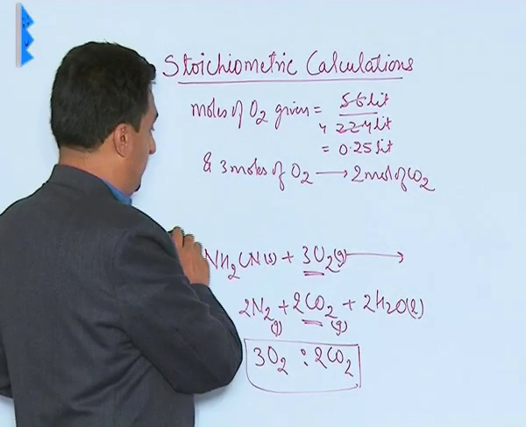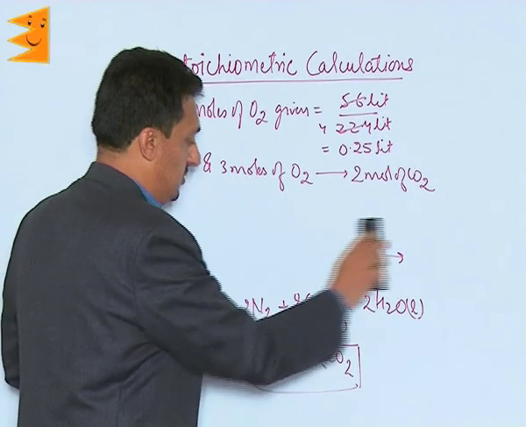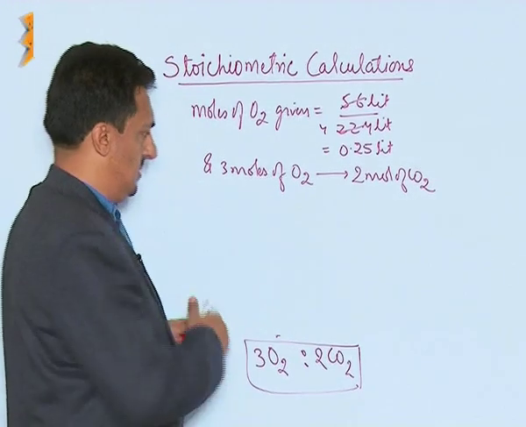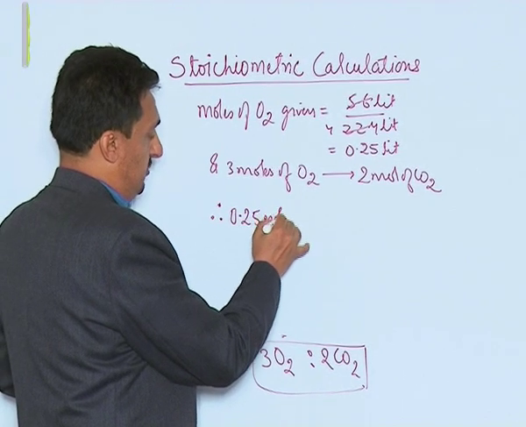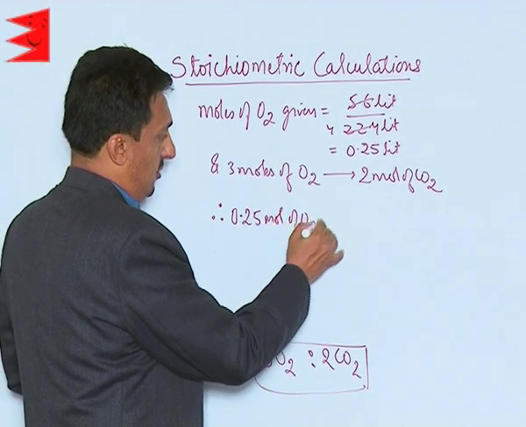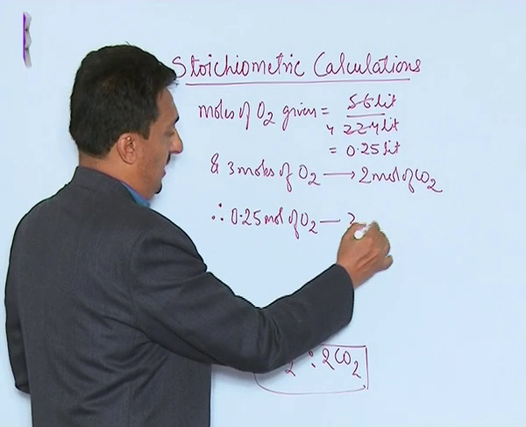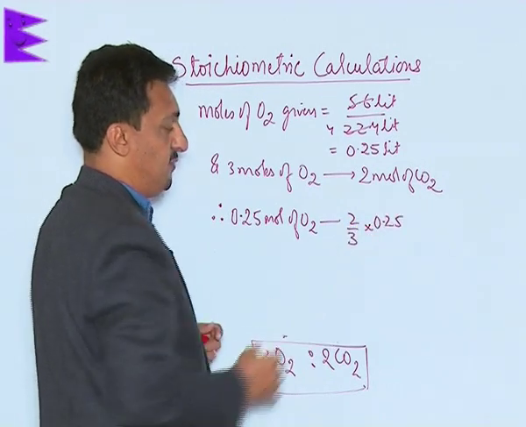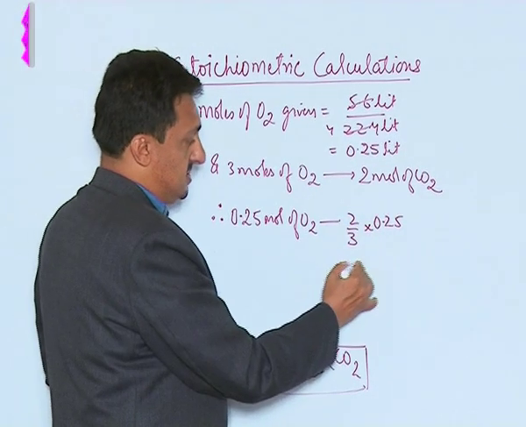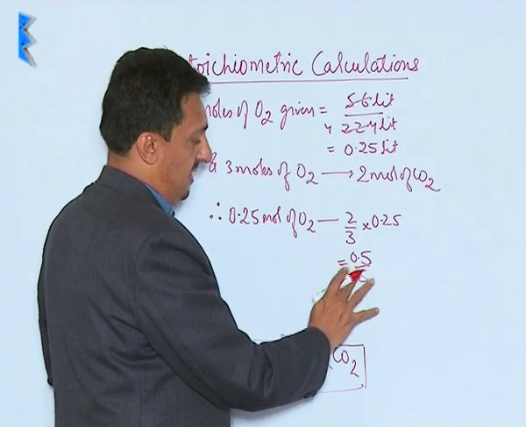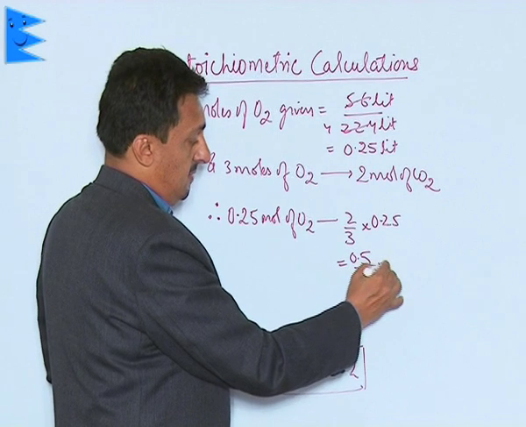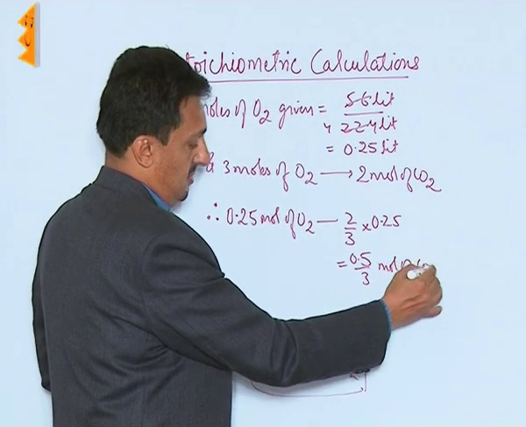When 3 moles of O2 gives 2 moles of CO2, therefore 0.25 moles of O2 will give 2 by 3 of 0.25, which is 0.5 by 3 moles of CO2.